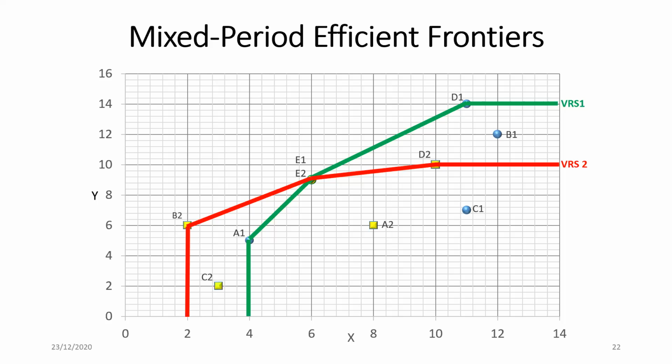No, that's 6 over 6. No, that's not correct. B2. Remember, B2 is in year 2, and you are measuring it relative to the green frontier. Green frontier is in year 1, and you are measuring it relative to the green frontier.